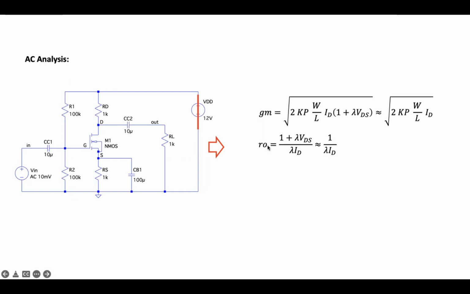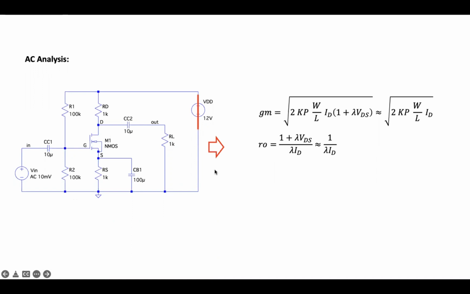Therefore, the small signal output resistance ro is equal to infinity, or an open circuit. So when we draw the AC equivalent circuit, we do not need to include ro in parallel with the current source using the parameter gm.